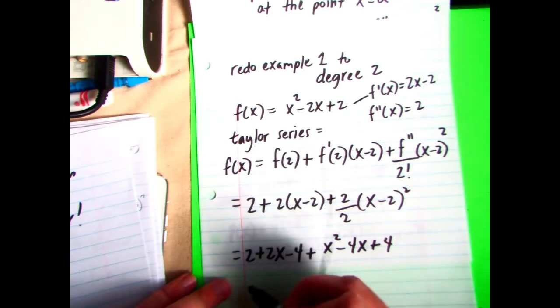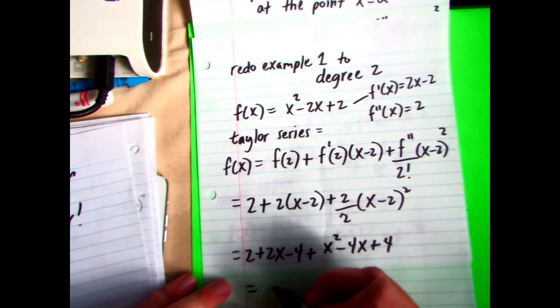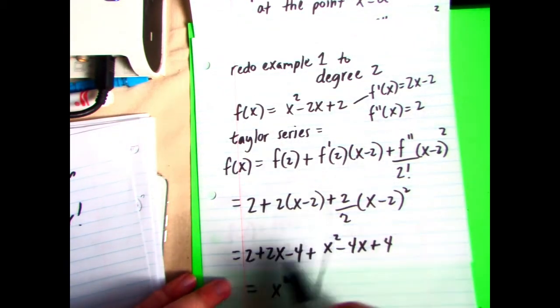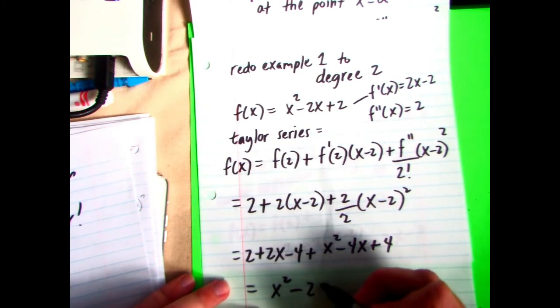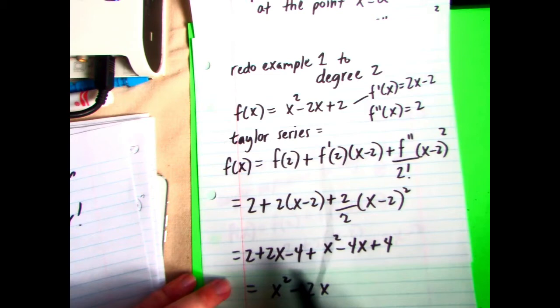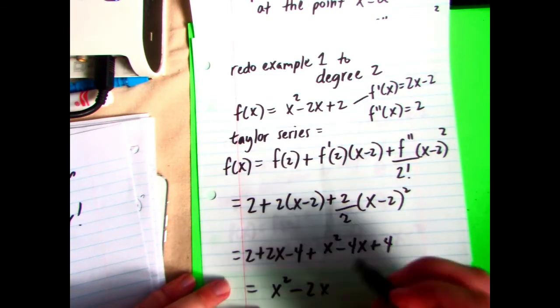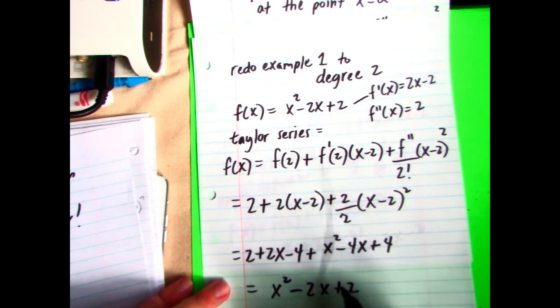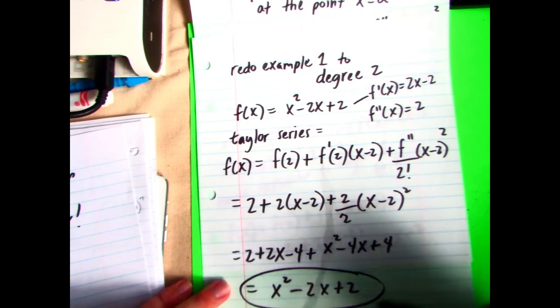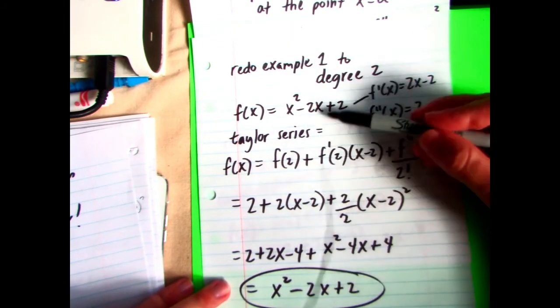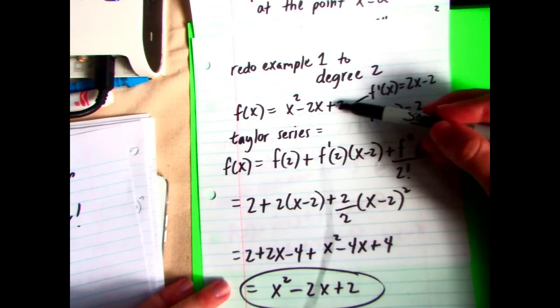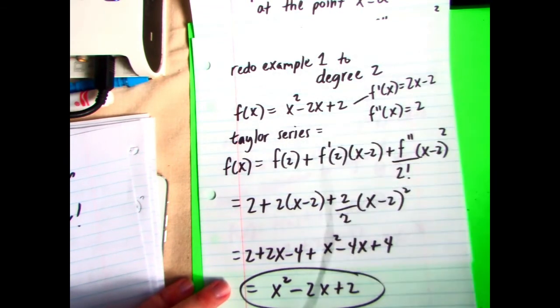It's a bit of a computation here, but you should be able to do this. When all is said and done, and you combine like terms, it simplifies to x squared minus 2x plus 2. That should be no surprise that it is the exact same equation as the original problem.